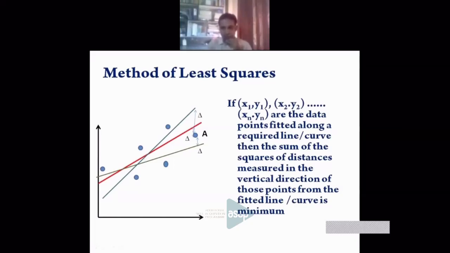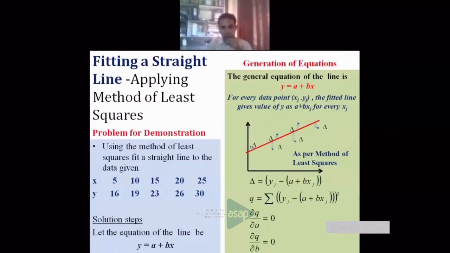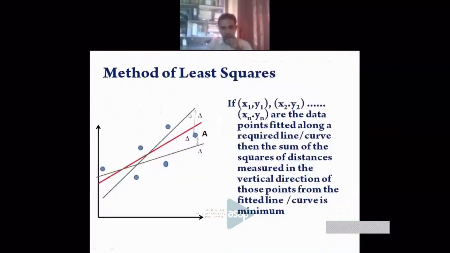I suppose you got it. Which line gives the least sum? That means you find the sum of the differences between the points which are actually plotted and the line, which is an approximation, or we can say the best fit.